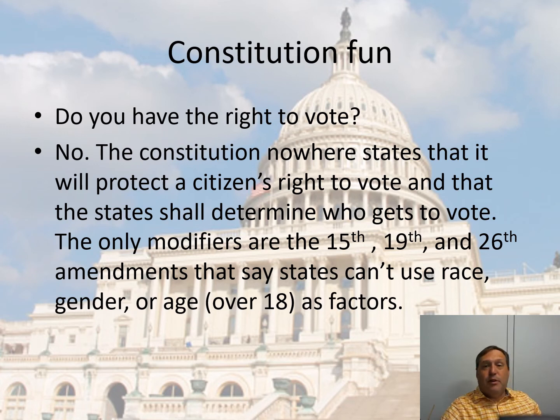Some states, like, up until recently, Florida, you had to go through a long process to have your voting rights restored. And some states let you keep voting even when you're in prison. Your voting rights are never stripped away. So it's up to the states to determine who can and can't vote, and it's not a federally protected right.